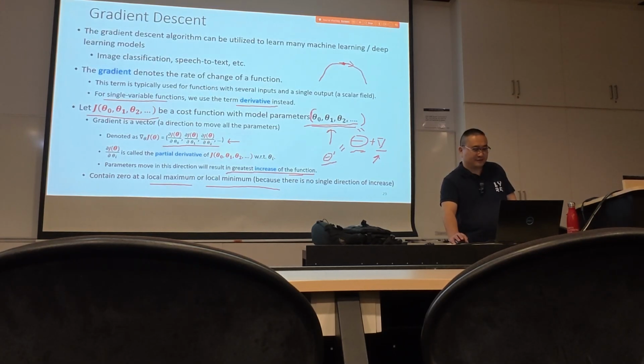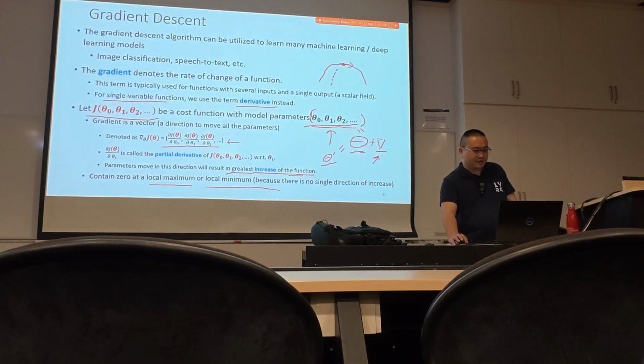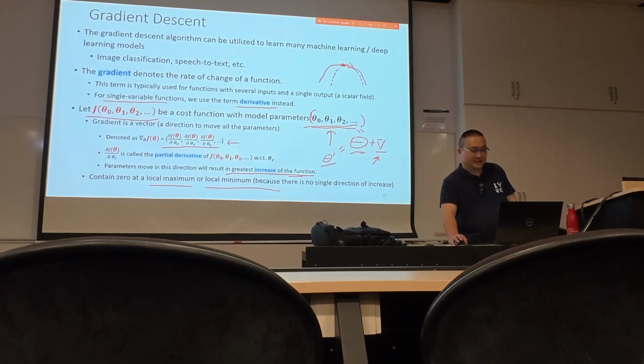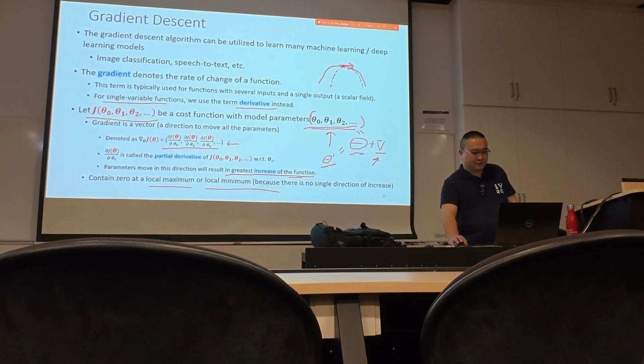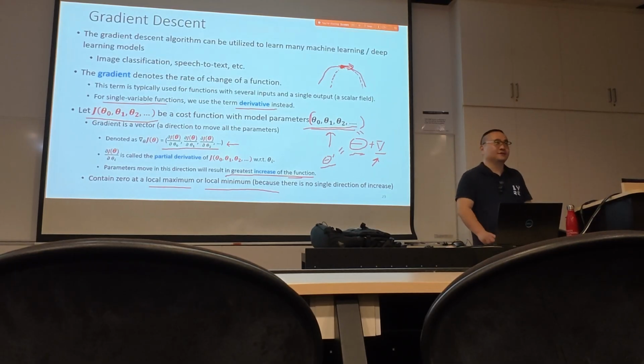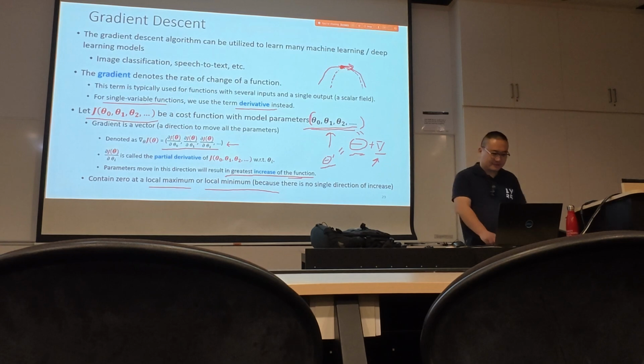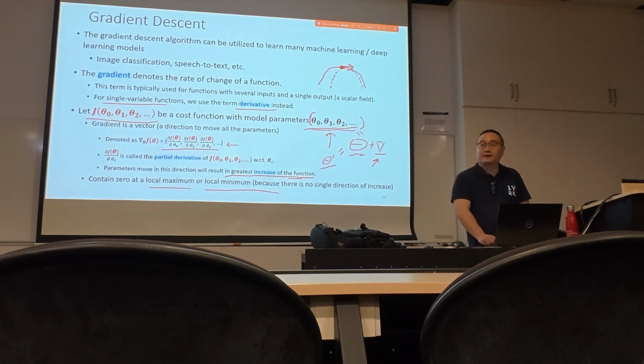Imagine that we don't have a single parabola, but we are in 3D space with a more complex landscape. Then we have gradients, and the gradient can also be 0 if at this position we are at a local maximum. So this is the idea of the gradient. Any questions about the gradient?